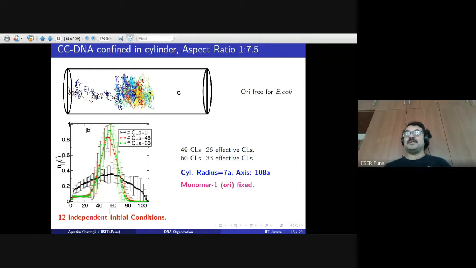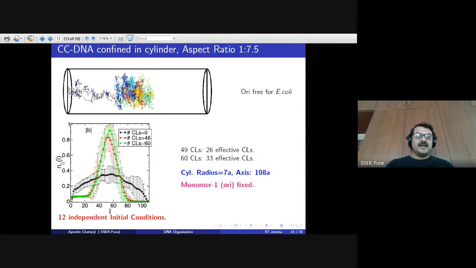We started with a bigger cylinder, but with the presence of crosslinks, it shrinks and occupies the space at the ratio of 1:5, what is seen in an experimental system. For Caulobacter, we know that one end of a particular segment is attached to one end of the cylinder, and that's exactly what we did as well.